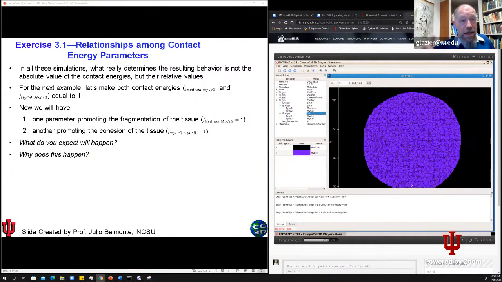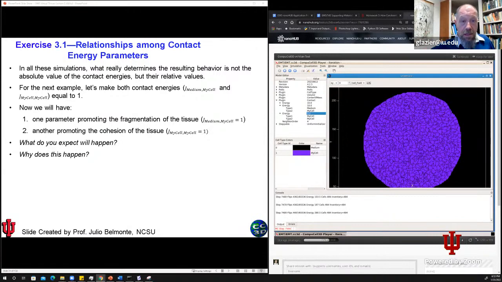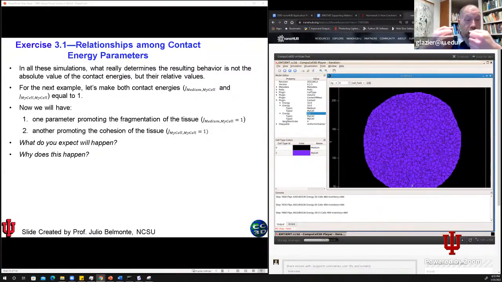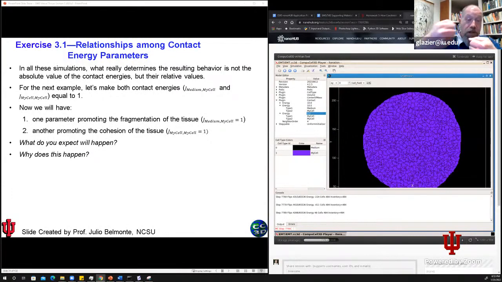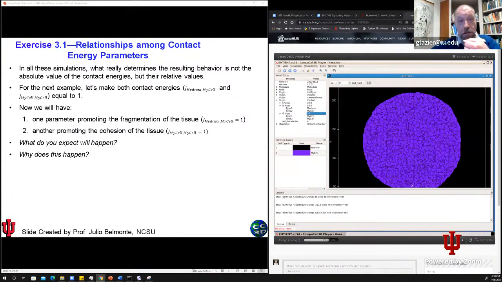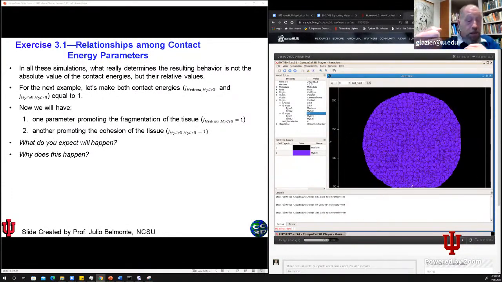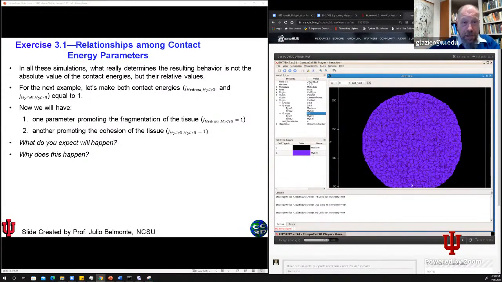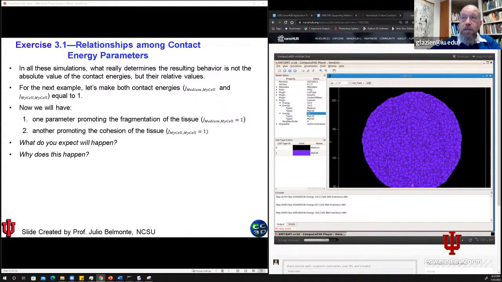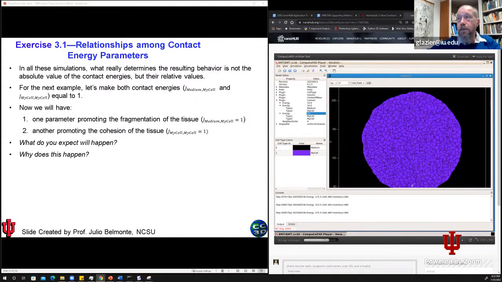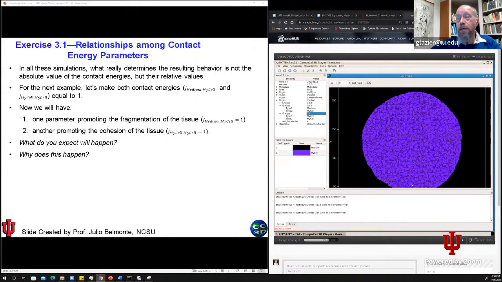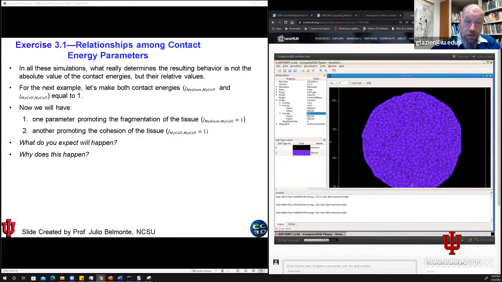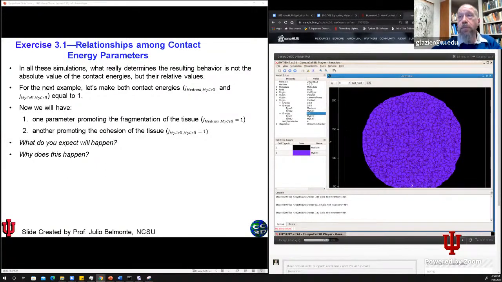The reason for that, a half, is a little tricky. It's because when we have cell-cell, we count the energy twice. We count the energy from cell 1 to cell 2 and from cell 2 to cell 1. When you have cell-medium, you only count the energy once. So there's a factor of 2. But in this case, when we change the cell-medium contact energy to be small, the cells dispersed.